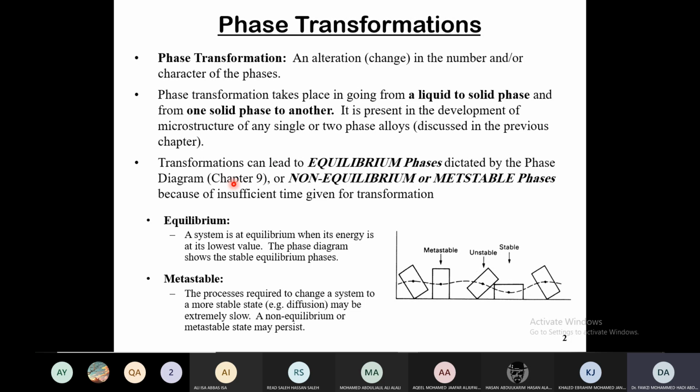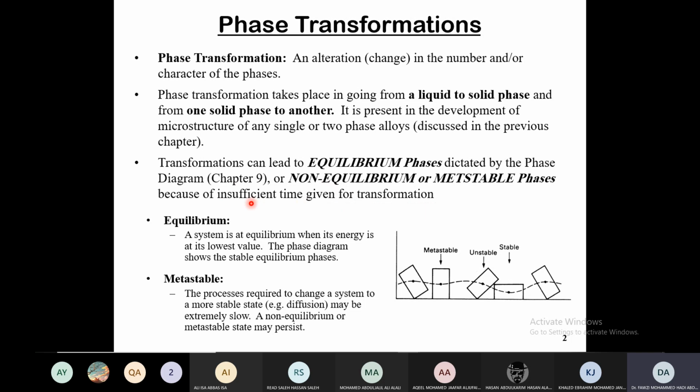You can produce stable configuration, equilibrium phases, equilibrium configurations, which are stable at room temperature, if you follow the phase diagram conditions, very slow cooling. Or it could lead also to non-equilibrium or metastable phases, because of what? Because of insufficient time given for the transformation. So this is what we said.